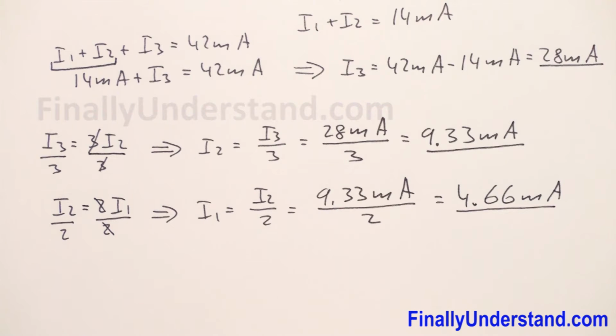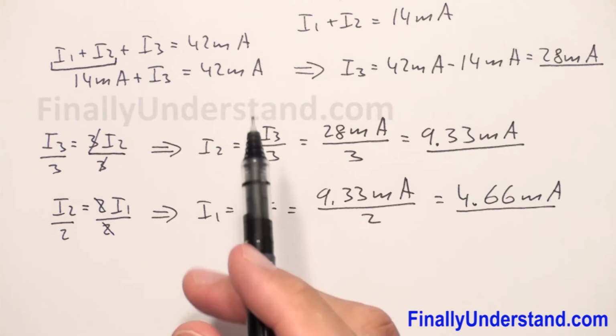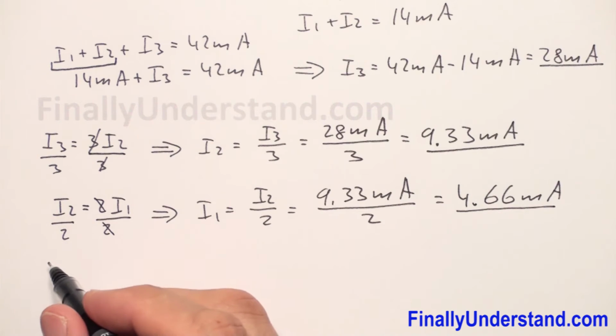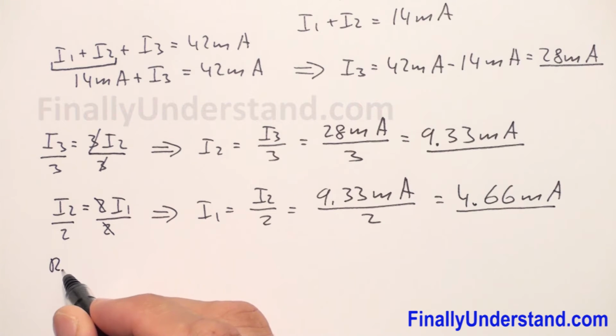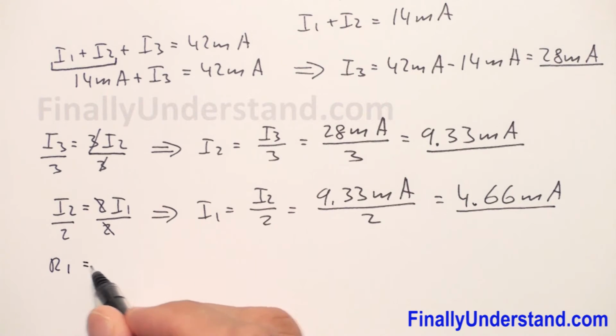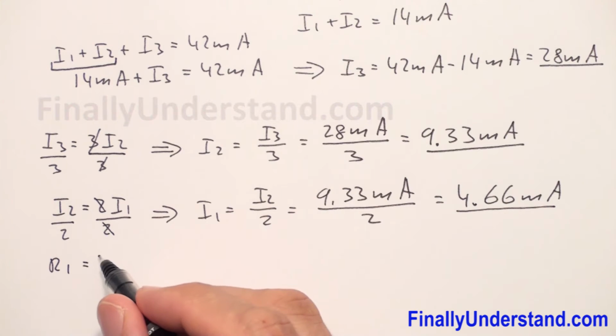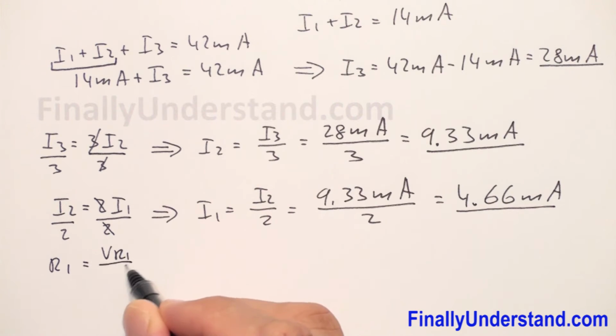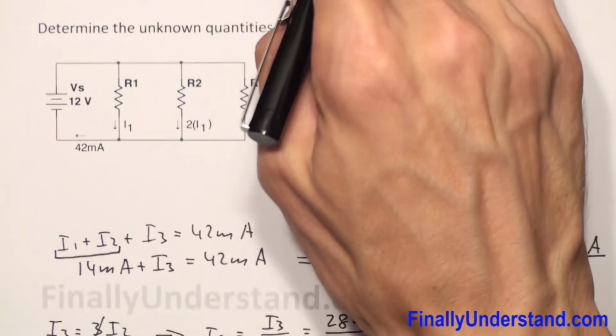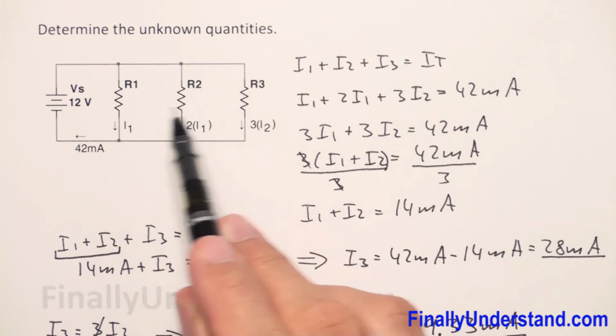Okay, so next we're supposed to find the resistances. Okay, so we have R1 is equal to VR1 over I1. Please keep in mind that we are talking about the parallel circuit.